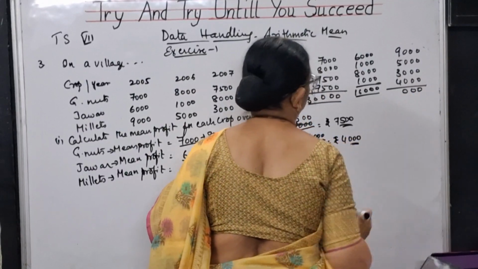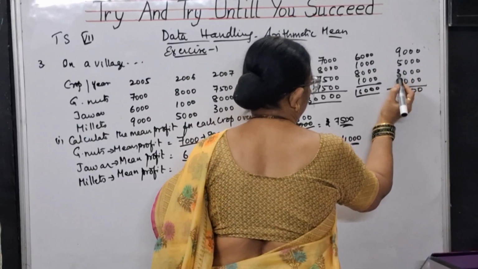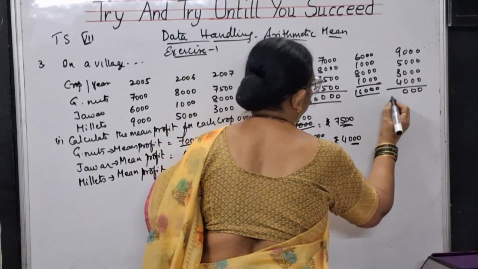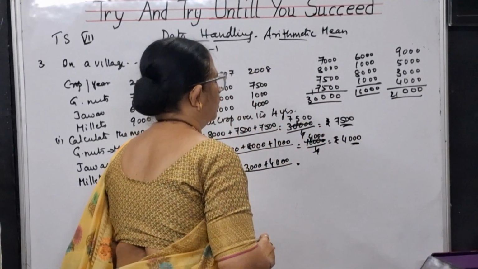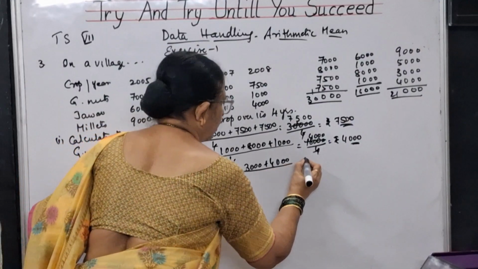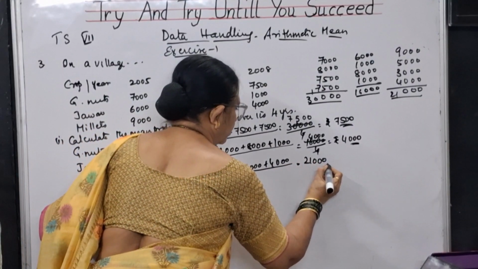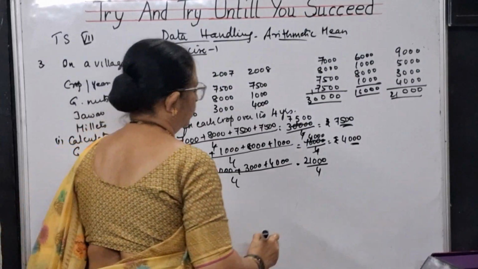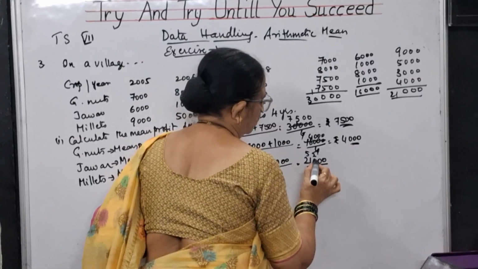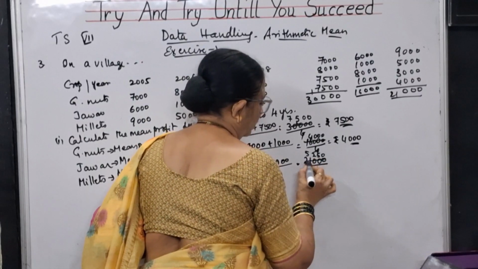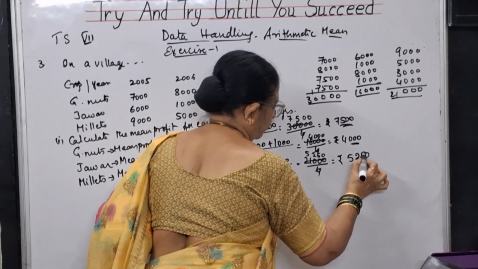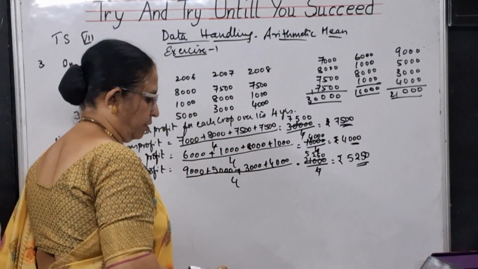The sum is 21,000. 21,000 by 4: 4 fives are 20, 4 twos are 8, 4 fives are 20. That is rupees 5,250. So these are the profits.